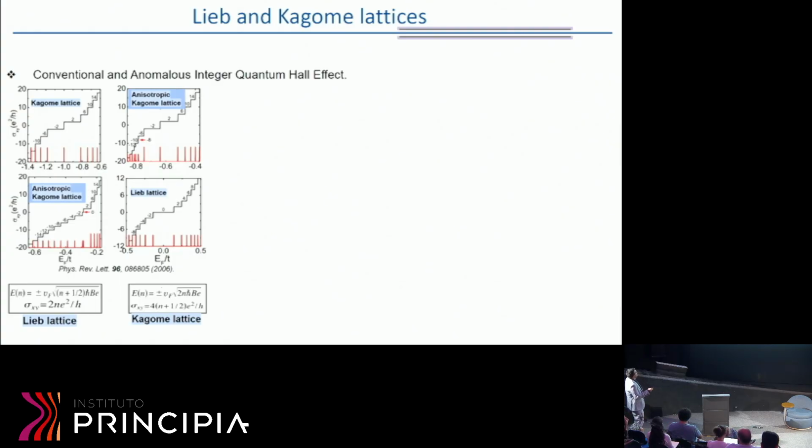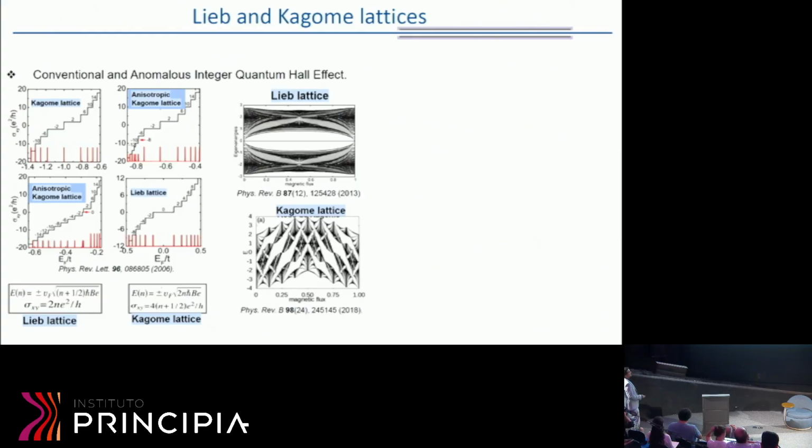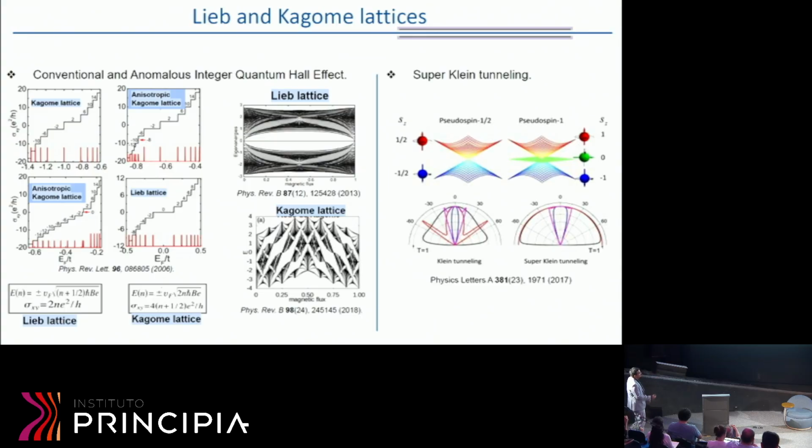For instance, I'll enumerate a couple of them. If you apply a perpendicular electric field, the response is different. You can see the B field profile of the energy, and even the Hofstadter butterfly of these two lattices has a different shape. And both of those lattices are pseudo-spin 1.